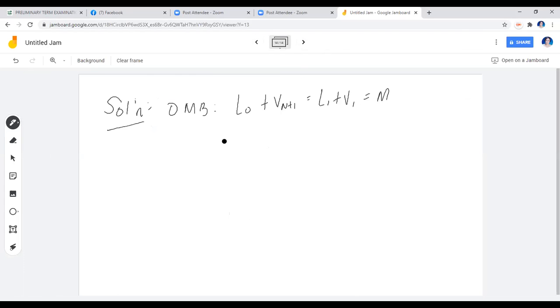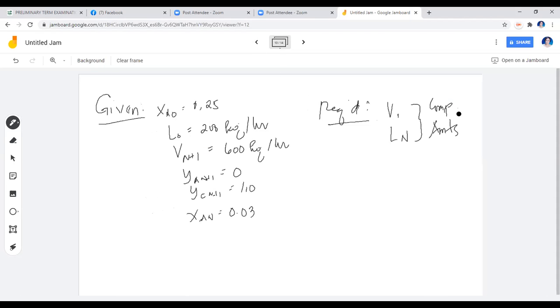So we will substitute it here. You have 200 plus 600, and this would be your L1 plus V1, and that would be your M. So your M now is 800. So we have an equation of L1 in terms of V1, which is 800 minus V1, since we will be needing this later on for the required amounts of the two streams.